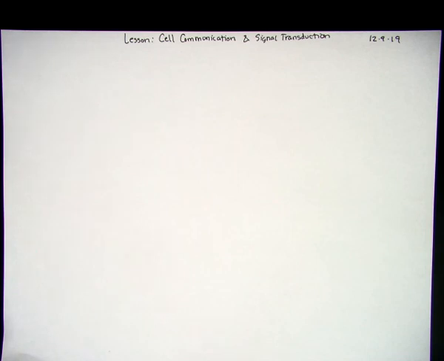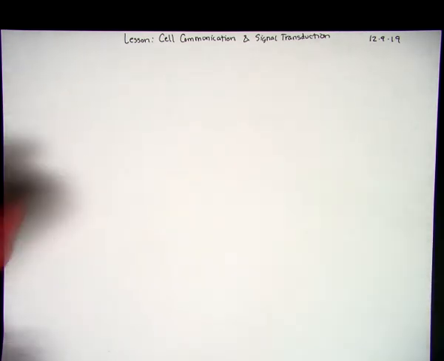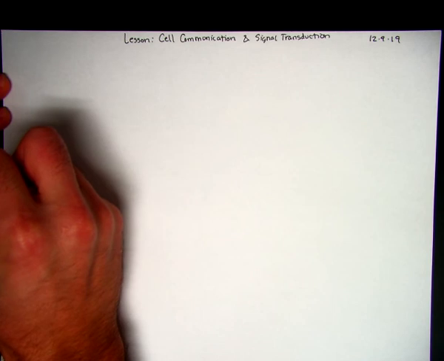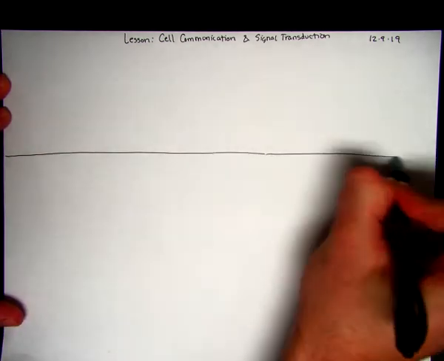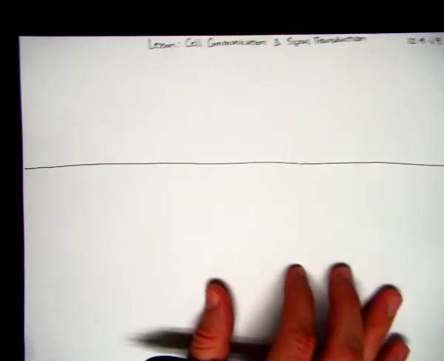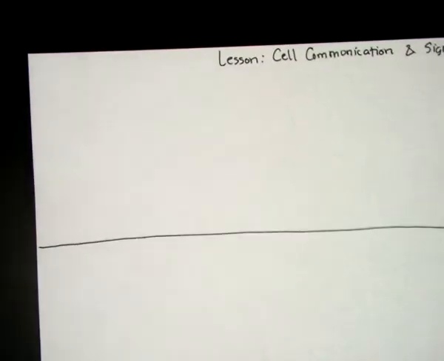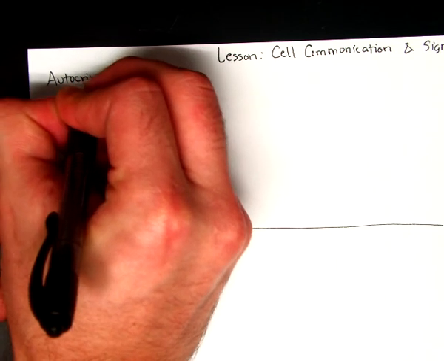Okay. So, the first thing here, we mentioned cell communication falls into one of four categories, right? Those four categories are, first one, autocrine.